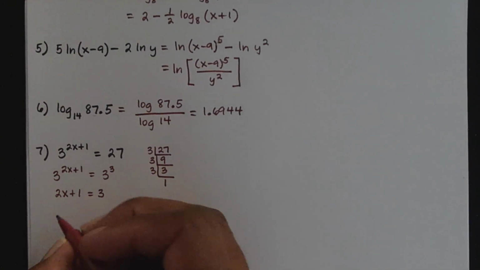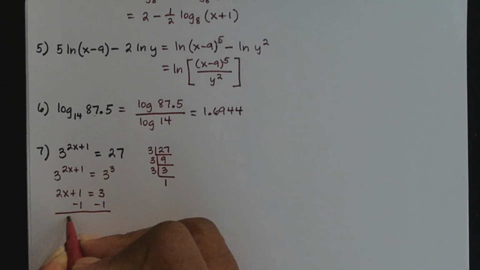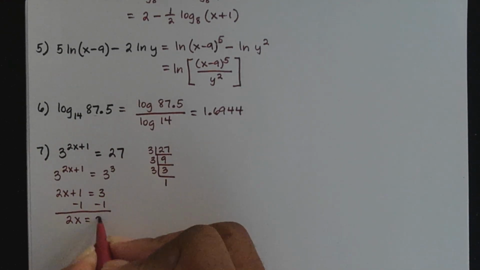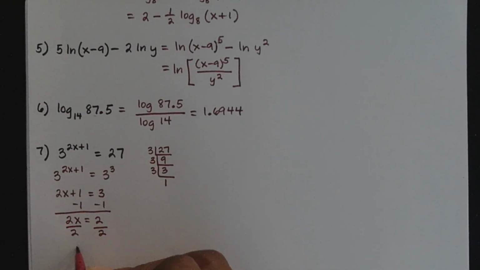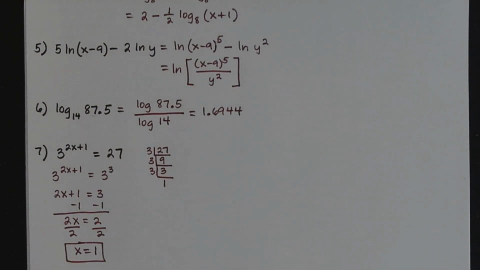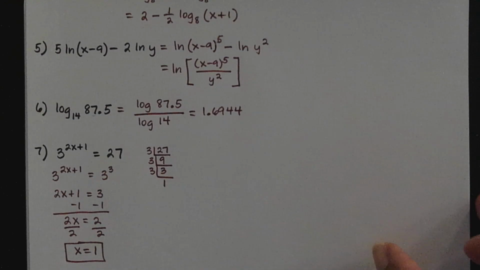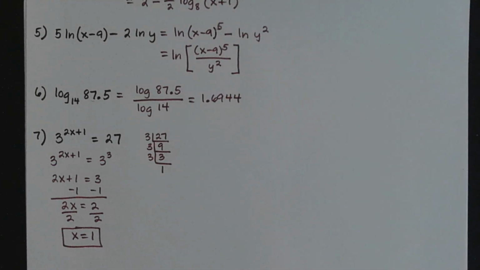And now to get 2x by itself, I need to subtract 1. So 2x is equal to 2. And then divide both sides by 2. x is equal to 1. So here x equals 1 is the solution to that exponential equation. Okay. Are there any questions about problem number 7?